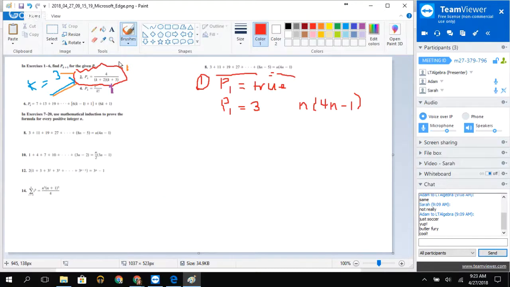So if I put in my first value, n equals 1, does this work? So it's 1 times 4 times 1 minus 1. And it is true. So the first part of my proof works, right? So that's the easy part. We like that part.